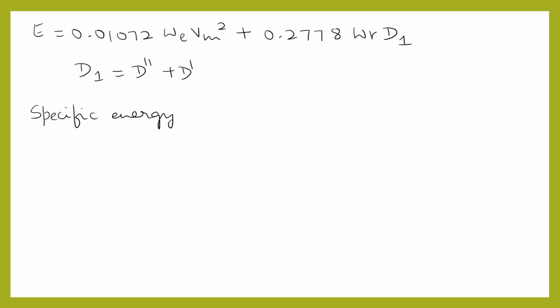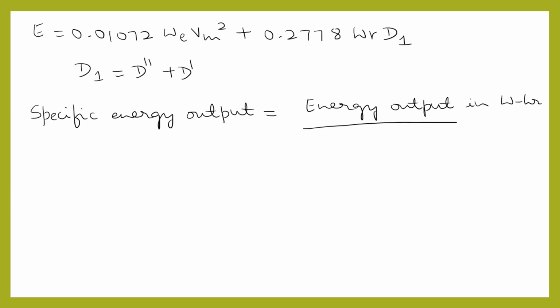Therefore, specific energy output is equal to the energy output in watt hours by the weight of the train in tons into distance traveled in kilometers.